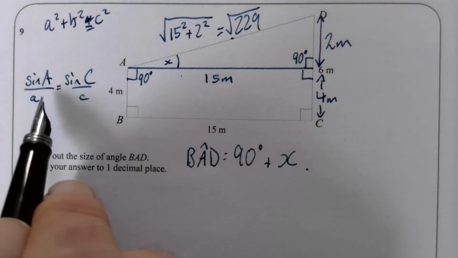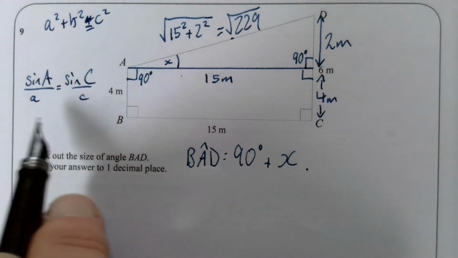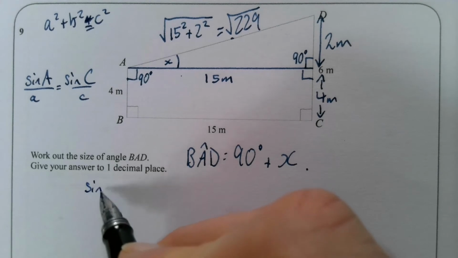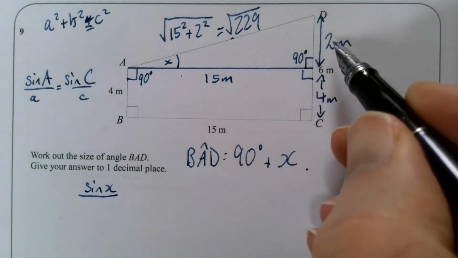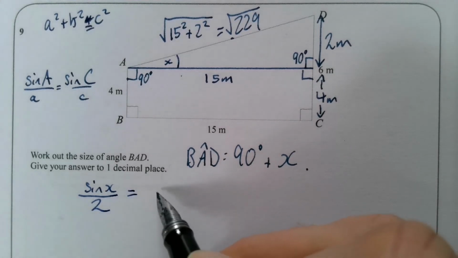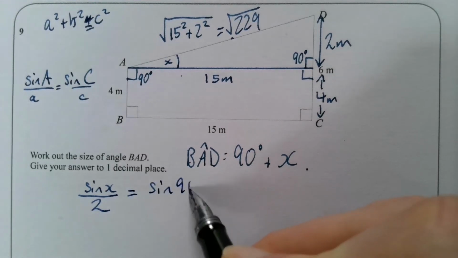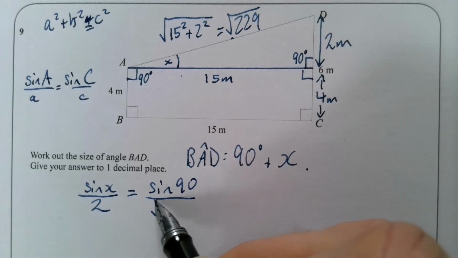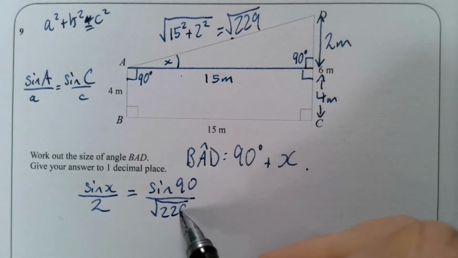Anyway, time to fill these in here. So sine X is what we want, is over 2, is going to be equal to sine 90 over the length that's opposite that, which is the square root of 229.